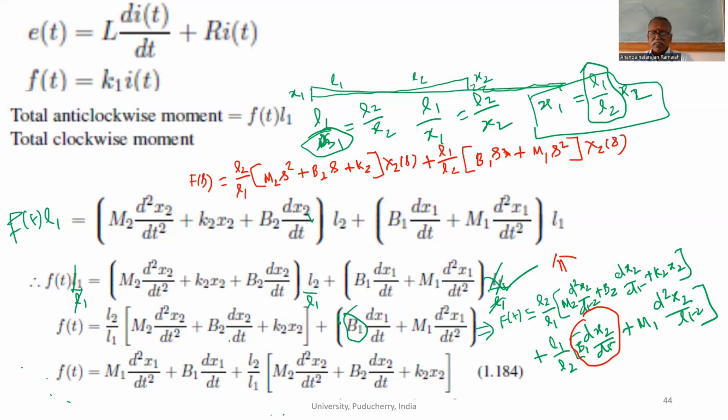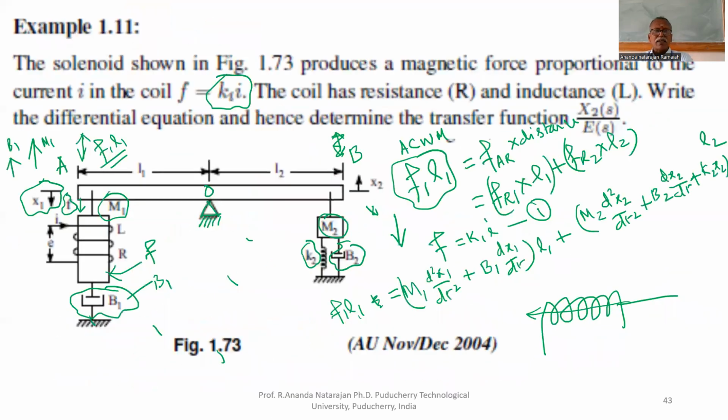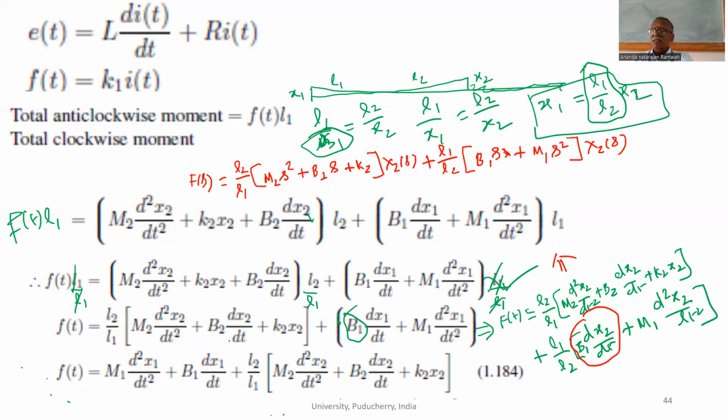What is the transfer function required? Laplace transform of output upon input. Input is E of s, but here it is in terms of f of s. So what is the relation for f of s? We have to take E of s.